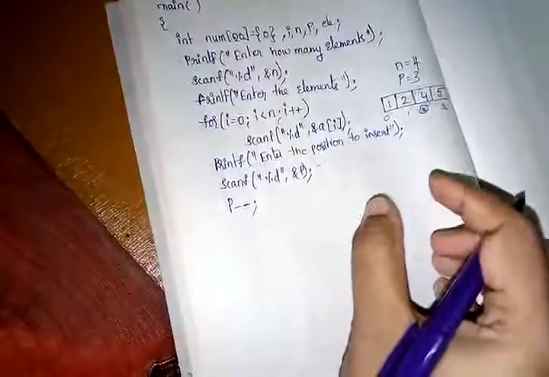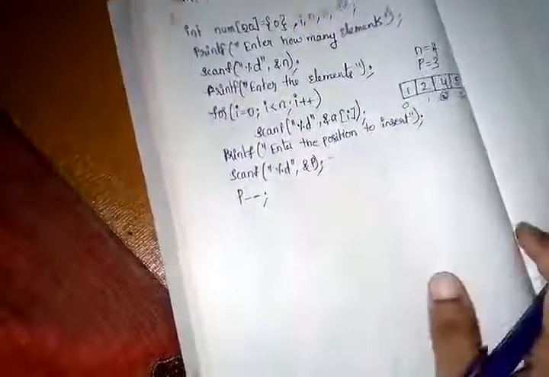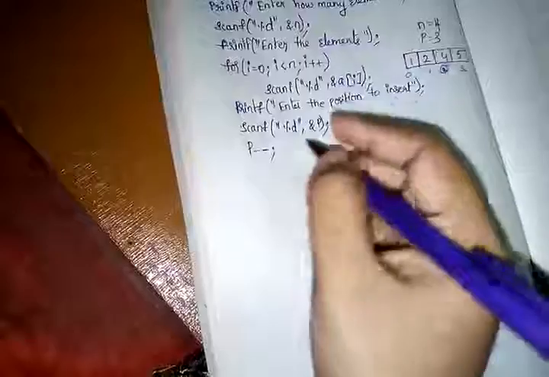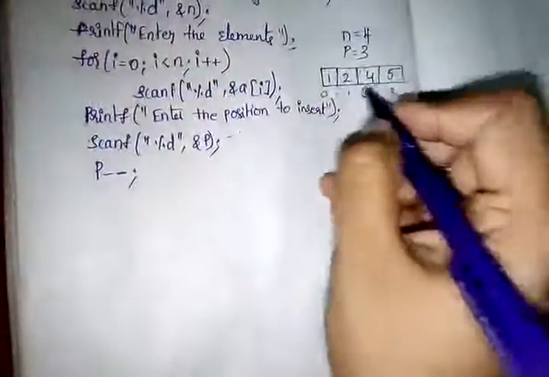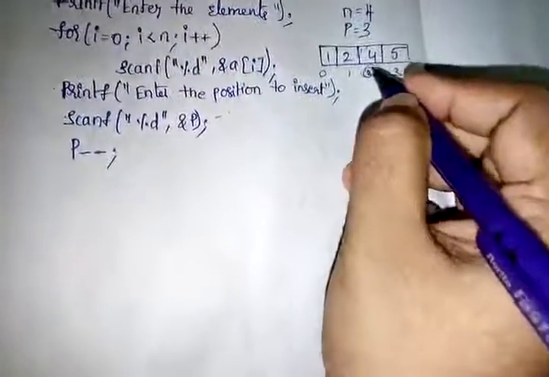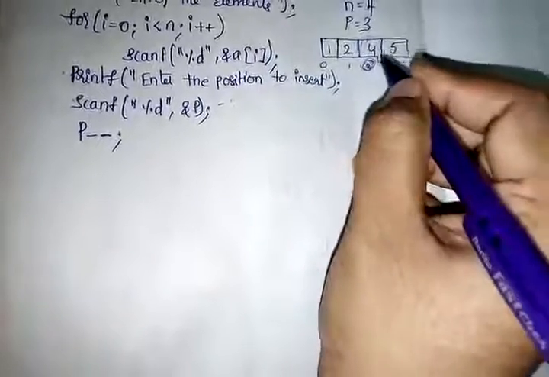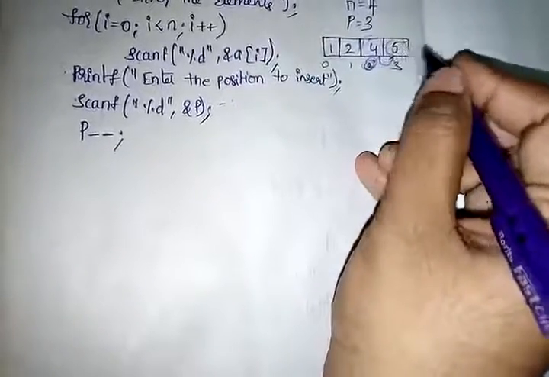So after getting the p value, you need to do this. After knowing the position, if you move the exact position element to the next, we are going to miss this element.